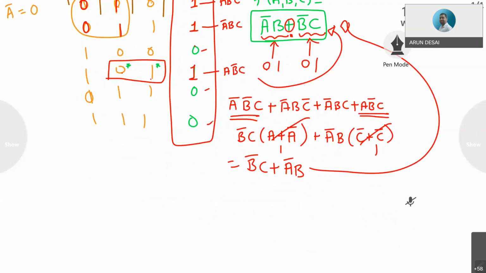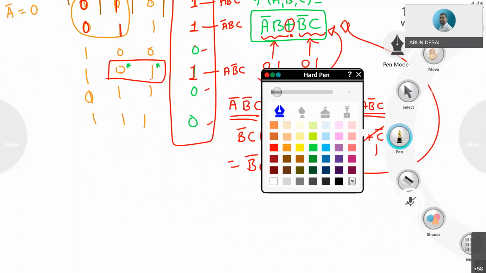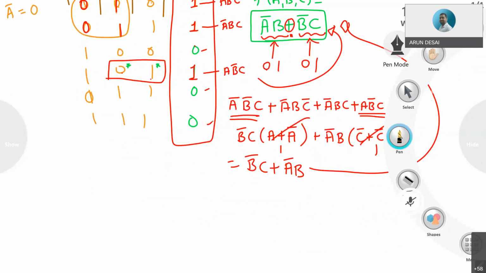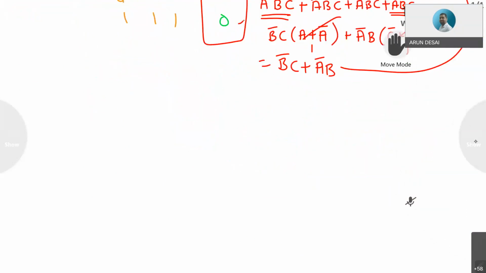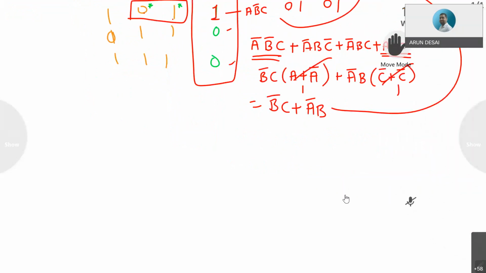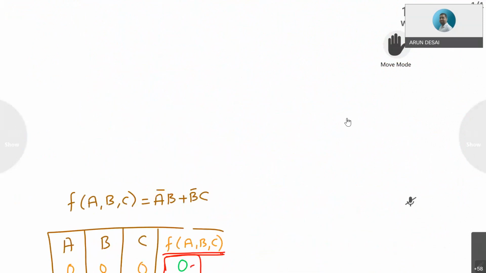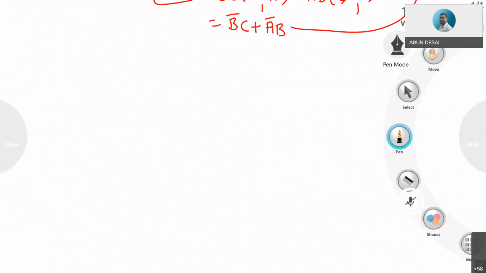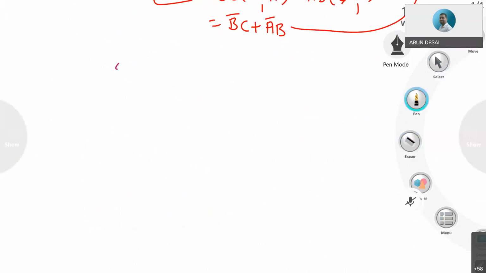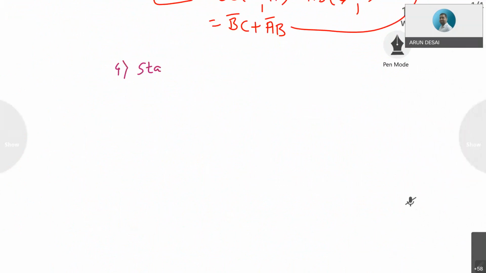Okay. So next, the fourth way is standard SOP form, right?